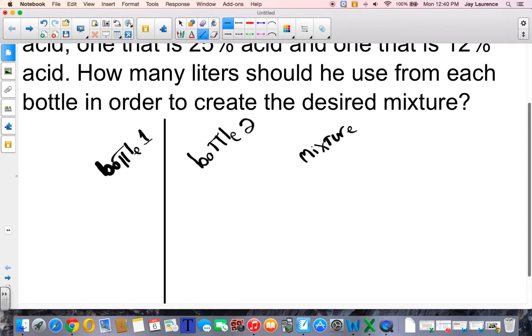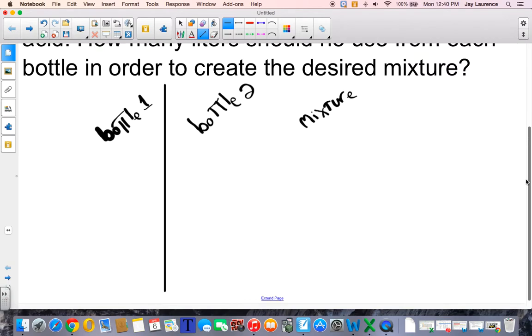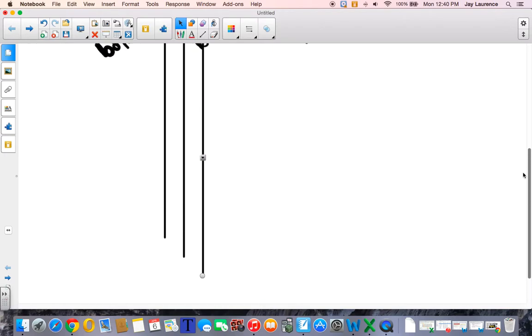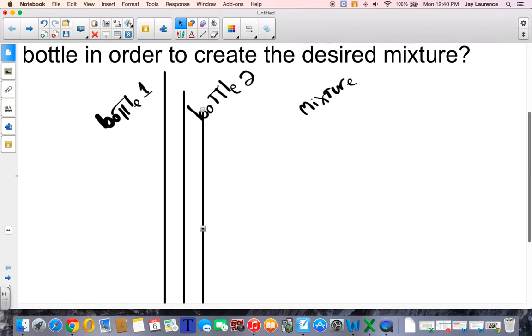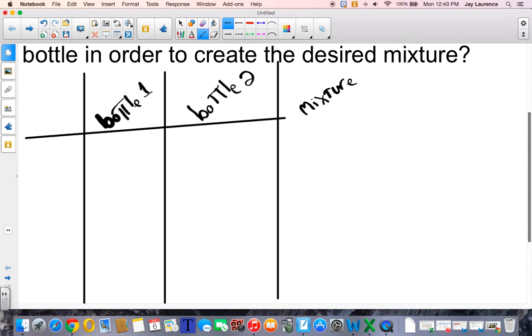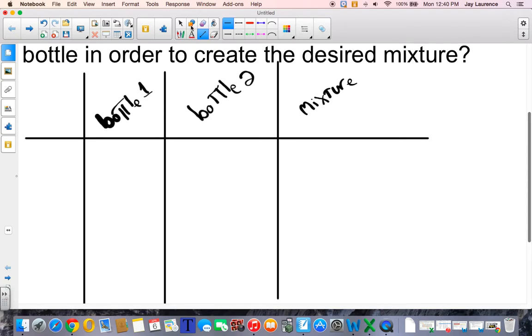Let me make that a little bit bigger so I don't have to cram my table down. So mixture, we've got bottle 1, bottle 2, and then what do we care about?